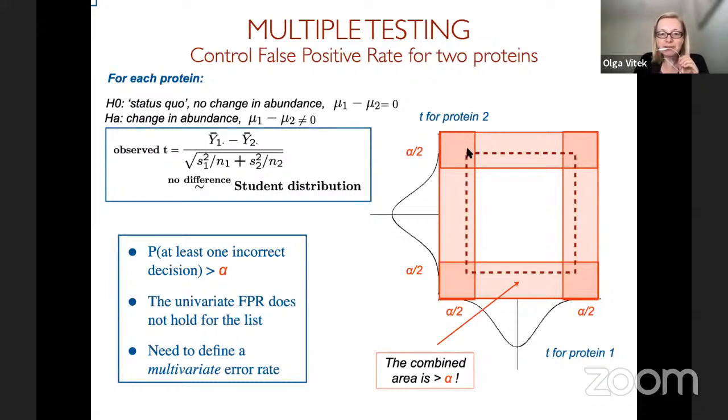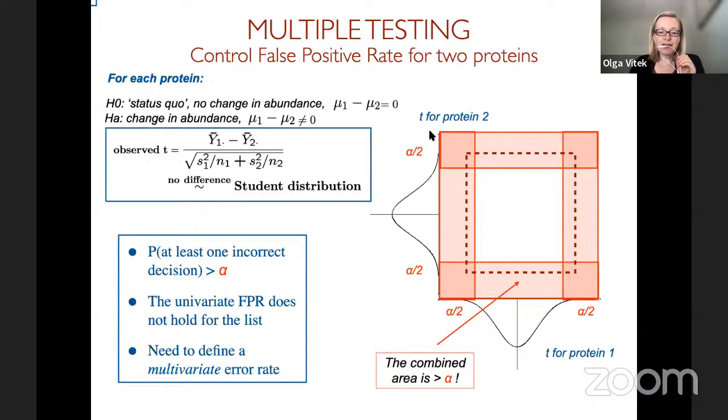Now, the problem is that we push this decision boundary far back, and it means that now it requires much stronger signal to noise. So much stronger evidence against the null hypothesis to claim differential abundance. And the more proteins we have, the more conservative we have to be.